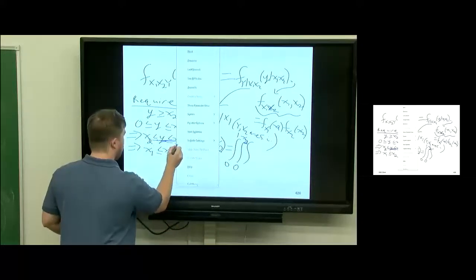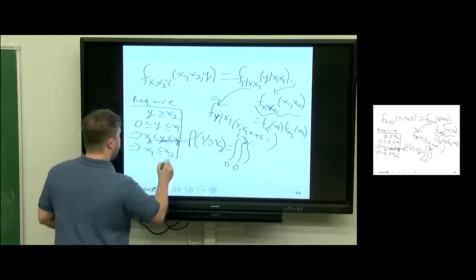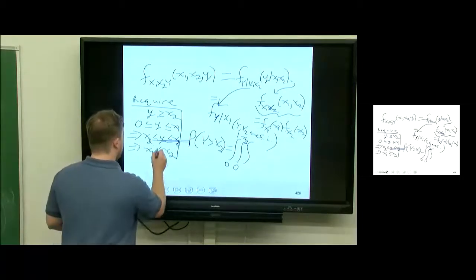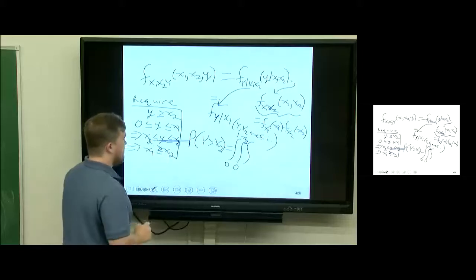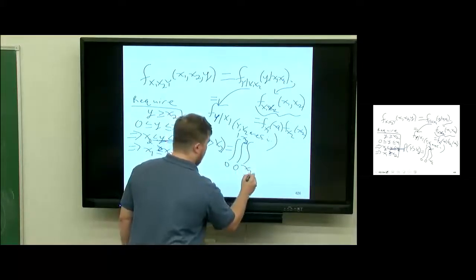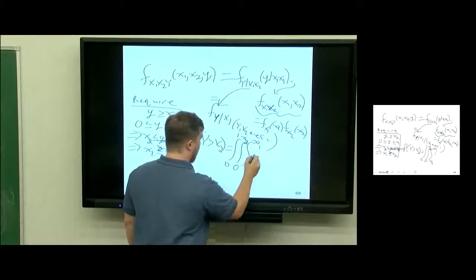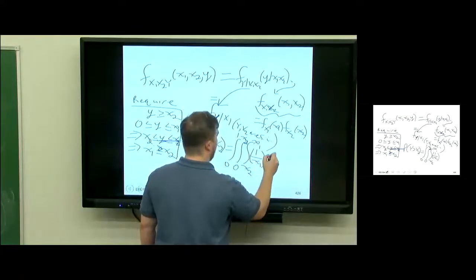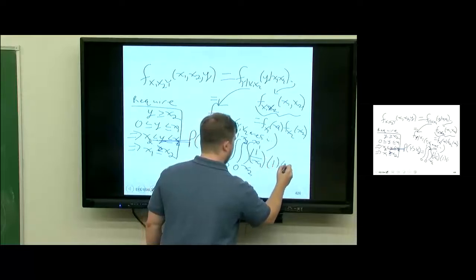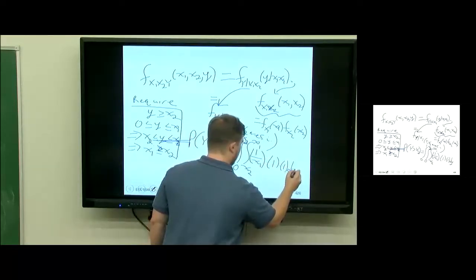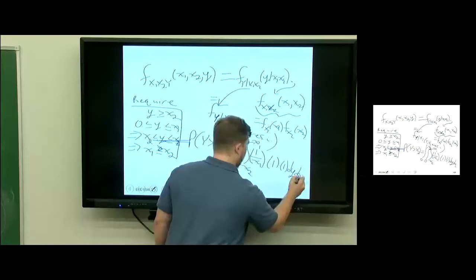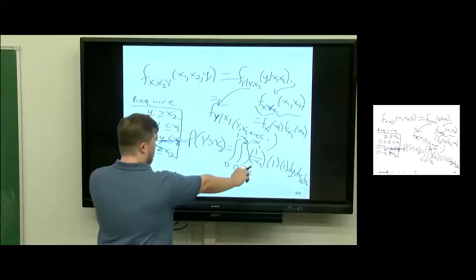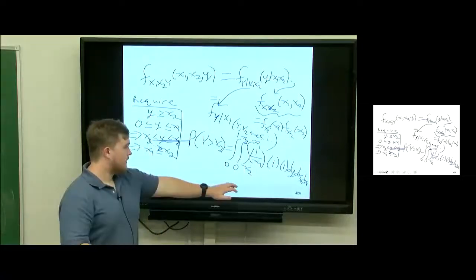This is x2, this is x1. Yeah, so I'll flip this as well. So we'll integrate this from x2 to x1 of 1 over x1 times 1 times 1 dy dx2 dx1. So this is the conditional density of y given x1.